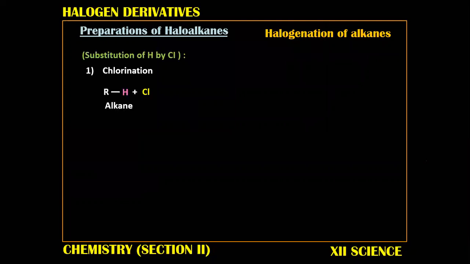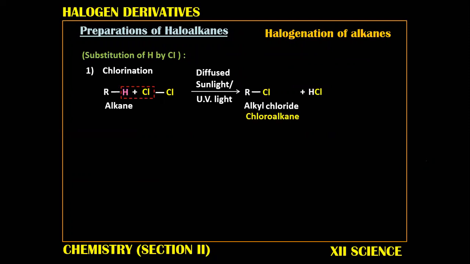When an alkane reacts with chlorine in the presence of diffuse sunlight or UV light, a hydrogen atom of the alkane is replaced by chlorine. We get alkyl chloride and HCl. Now this is the general reaction. Everybody copy down the general reaction. Alkane when it reacts with chlorine gives you alkyl chloride and HCl.